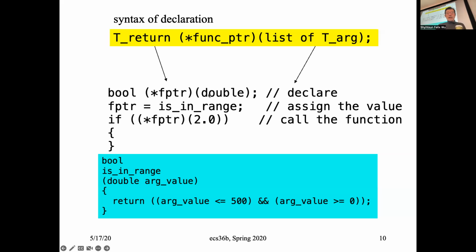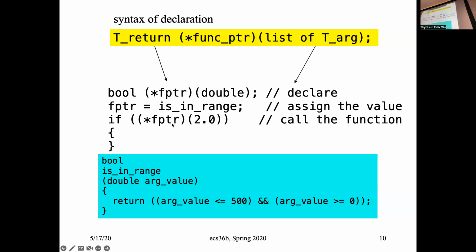This is the way to declare. Let me give you some examples. This is the way I will declare a parameter called fptr. That's actually your variable name. This is the way I define this as a pointer to a function. And this is the way I assign the value. And then this is actually how to call that. So this is a concept called pointer to function.